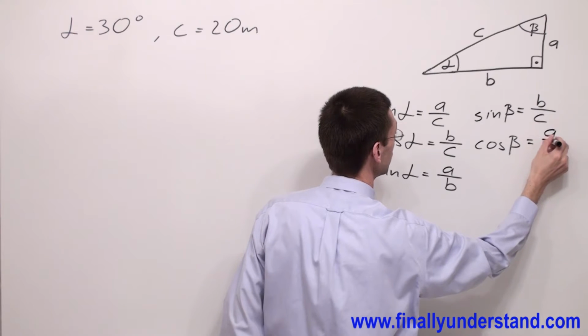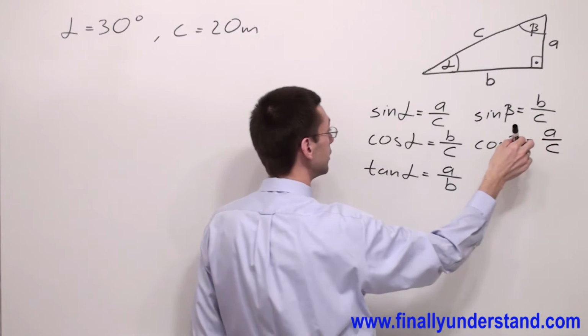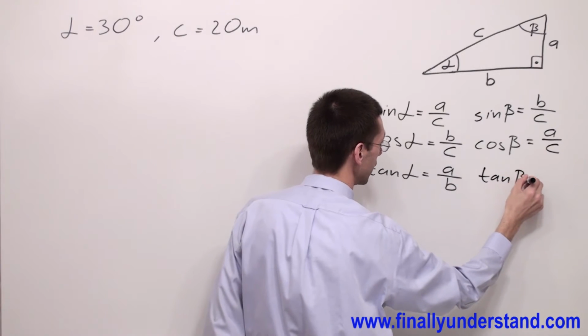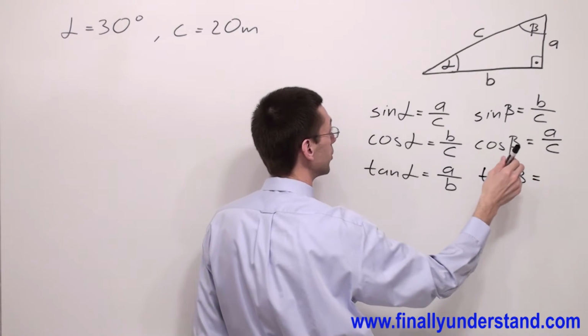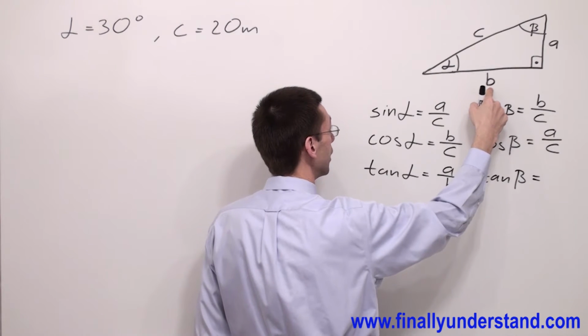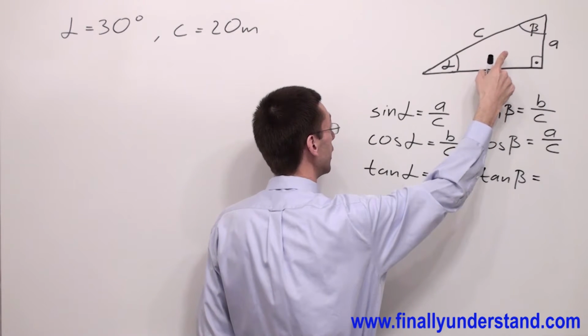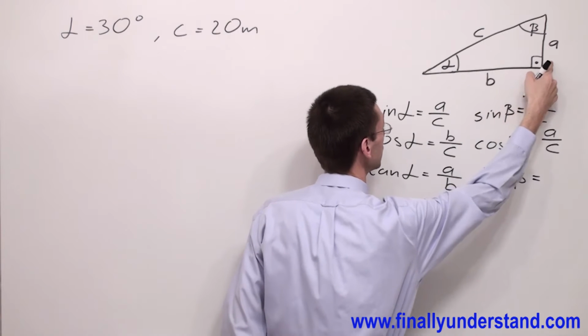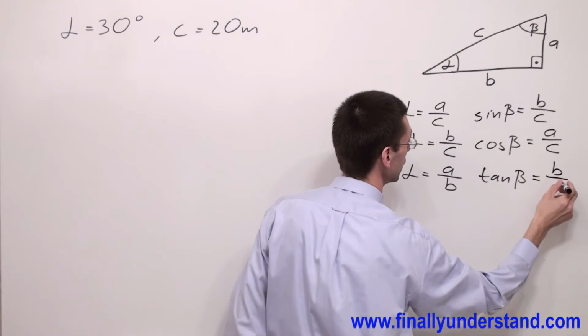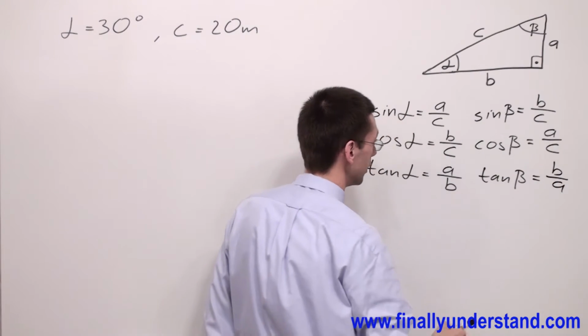I have A over C. And if it comes to tangent of angle beta, we talk about the ratio of the opposite side to angle beta over the adjacent to angle beta. So I have B over A.